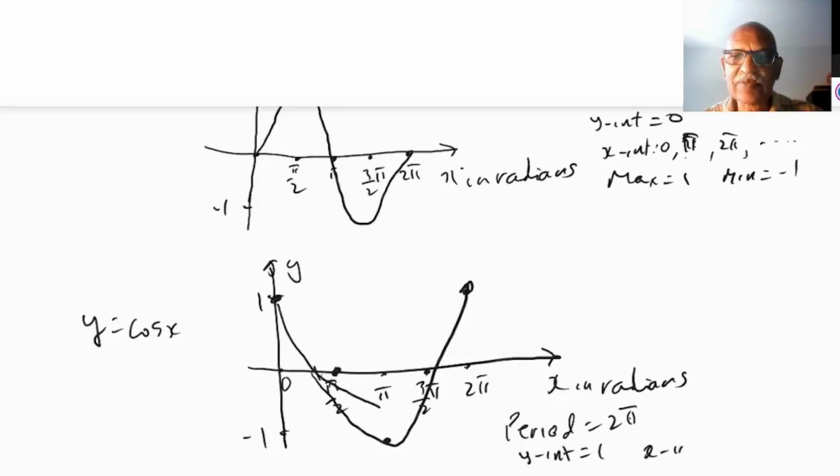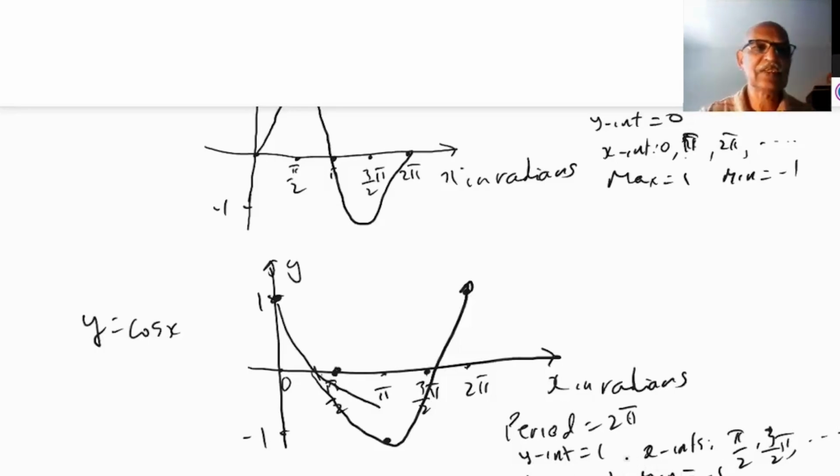The x-intercepts are pi over 2, 3 over 2 pi. We keep on adding pi. The maximum is 1, the minimum is -1. Okay, so these are the basic graphs, and we'll do transformations in the next lessons.